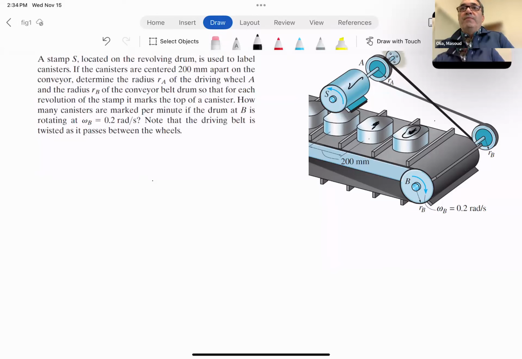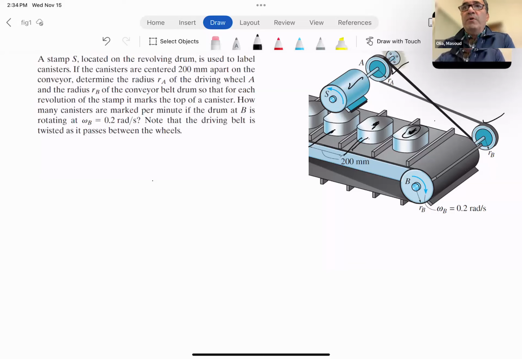It says if the canisters are centered 200 millimeters apart on the conveyor belt, determine the radius RA of the driving wheel and the radius RB of the conveyor belt drum, so that for each revolution of the stamp, it marks the top of the canister. So basically, they're 200 millimeters apart from center to center, and we want to determine the dimensions, the radii of the two wheels.